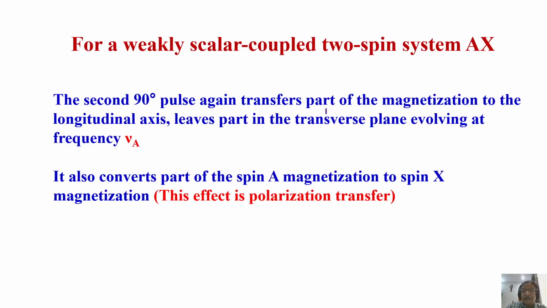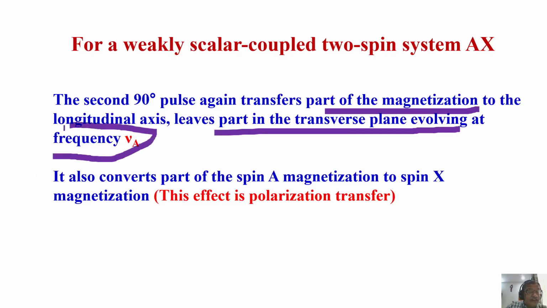It again transfers part of the magnetization to the longitudinal axis, which I said earlier, and leaves part in the transverse plane, evolving at the same frequency nu A. Remember, the magnetization is already in the transverse plane. Spin A is evolving under the influence of chemical shift, magnetic field inhomogeneity, scalar coupling, everything.